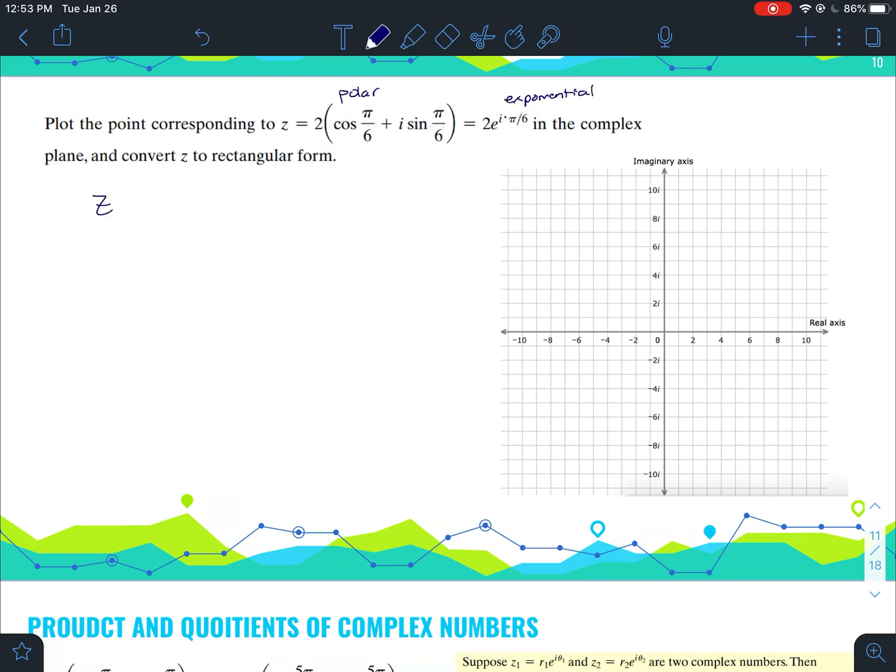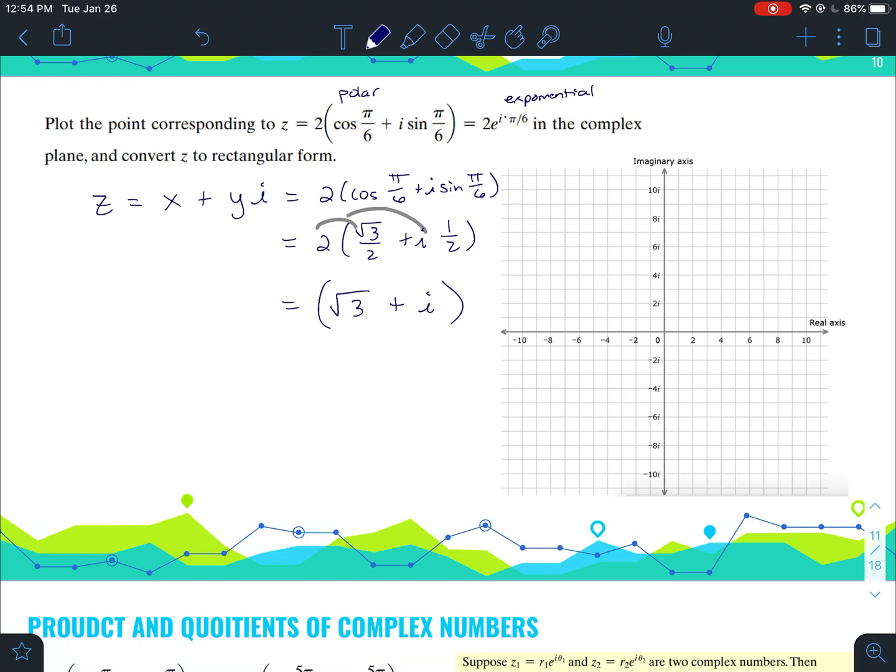Complex form would be x plus yi, and right now we're in polar form, which is 2 times cosine pi over 6 plus i sine pi over 6. And so the cosine at pi over 6 is square root 3 over 2, and then plus i, the sine at pi over 6 is 1/2. And then if I distribute that 2, I would get the square root of 3 plus i.